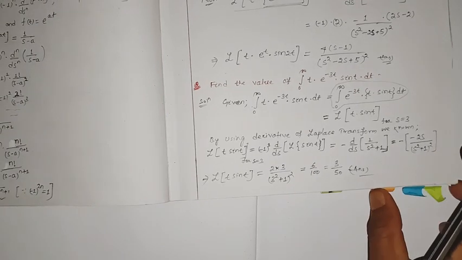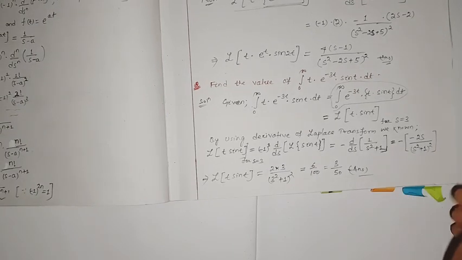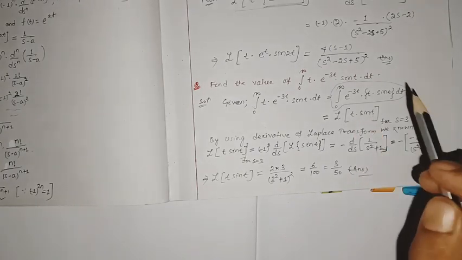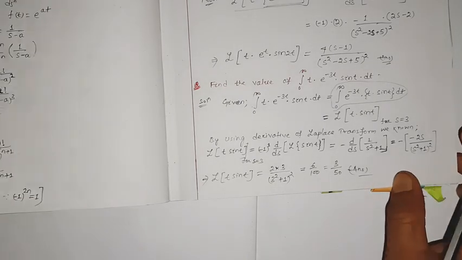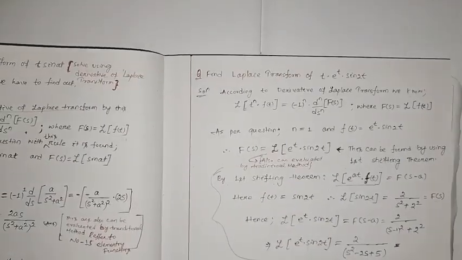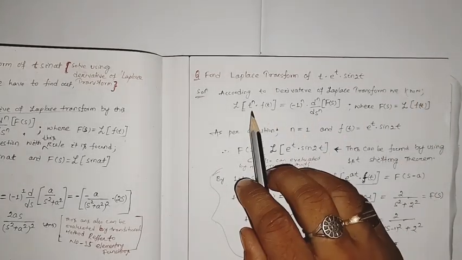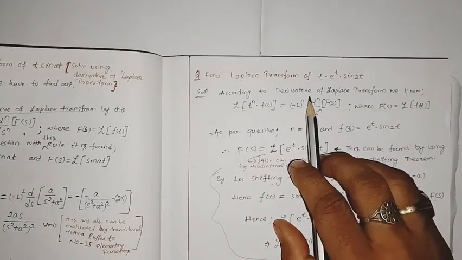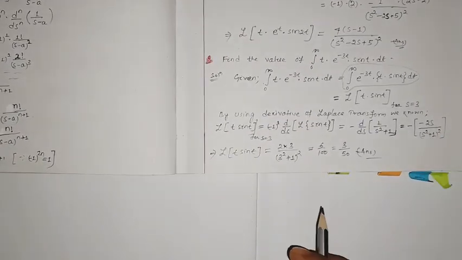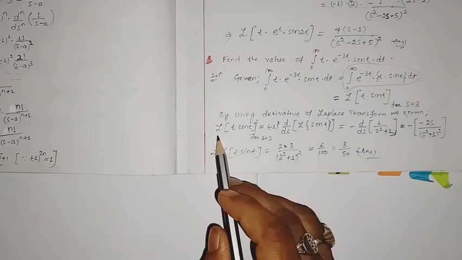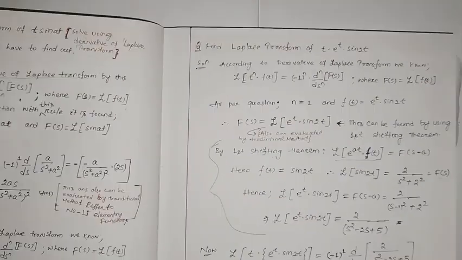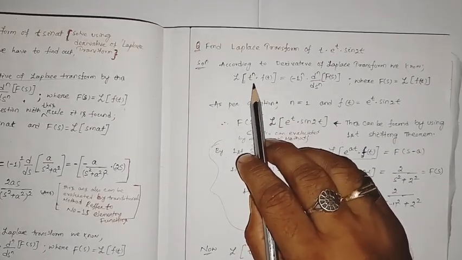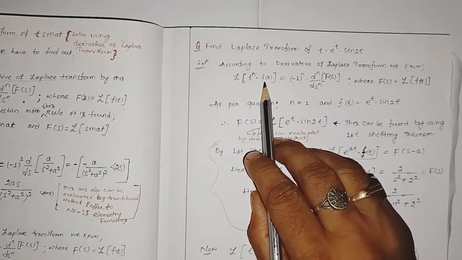Now we are going to use the derivative of Laplace transform for this function. So Laplace transform of t sin t. In general, t to the power n f of t will be minus 1 to the power n, nth derivative of capital F of s. So here, n will be 1 and f of t is sin t, right?